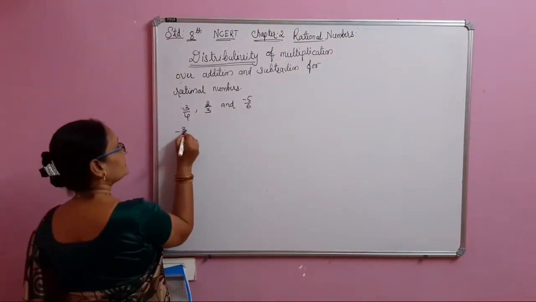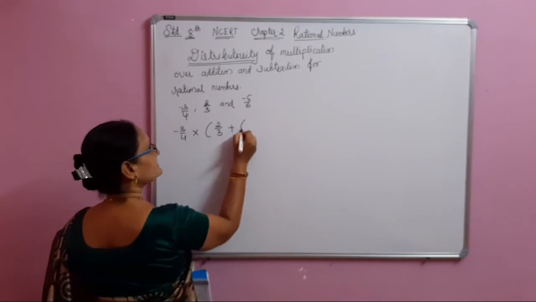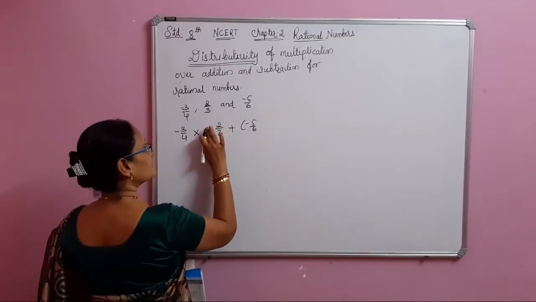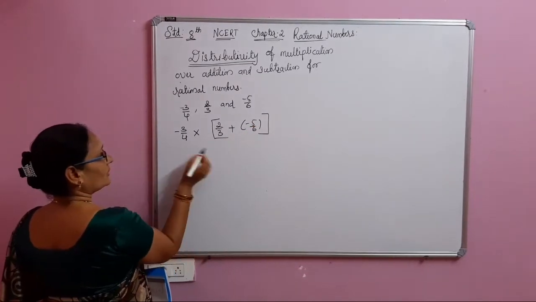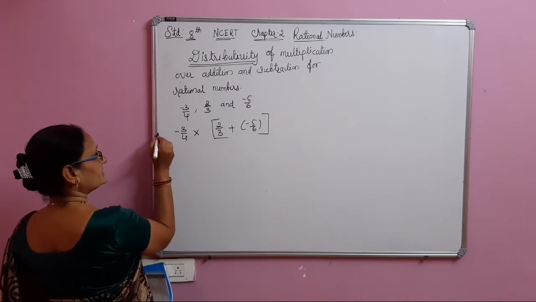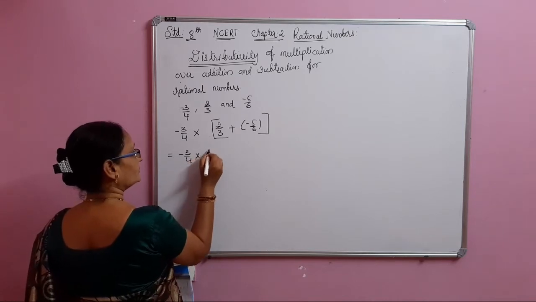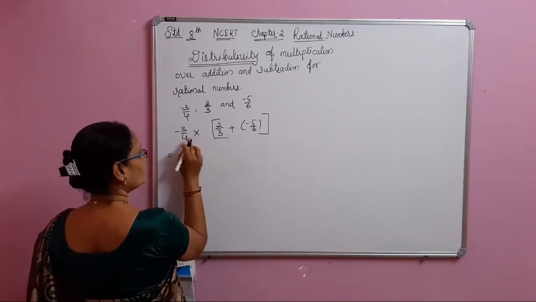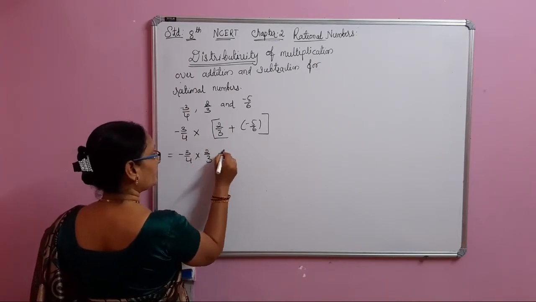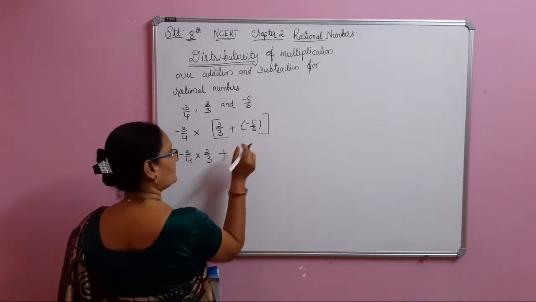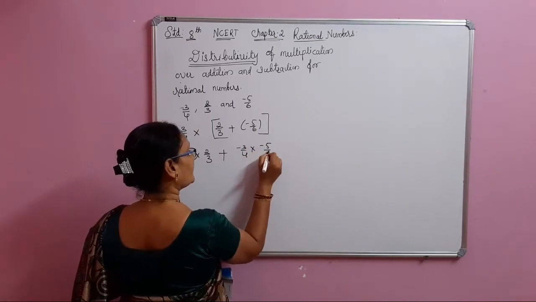See, minus 3 by 4 into (2 by 3 plus minus 5 by 6). You can take this as a big bracket because the common bracket is already there. Now this is the LHS. LHS is equal to minus 3 by 4 into 2 by 3, plus minus 3 by 4 into minus 5 by 6.